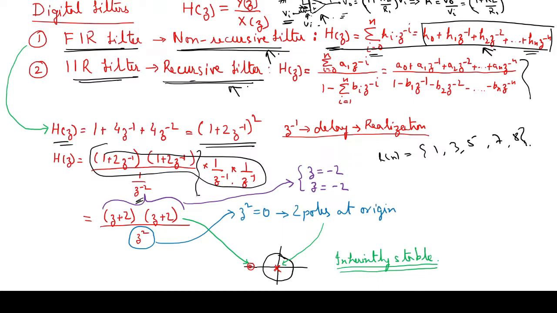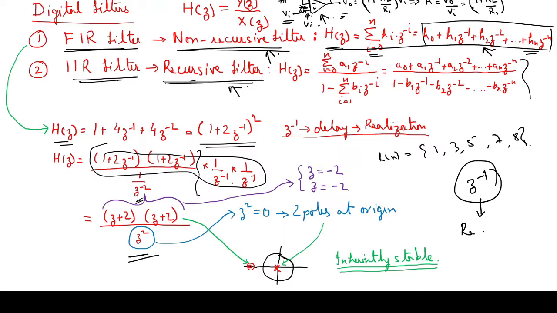So what is happening? From this equation where we have the z components, we have to find out the poles and the zeros. If we have z inverse terms, delay terms, then that transfer function is suitable for the realization of the filter.